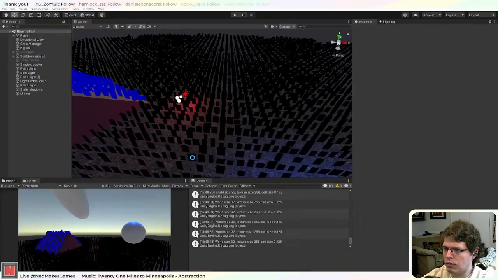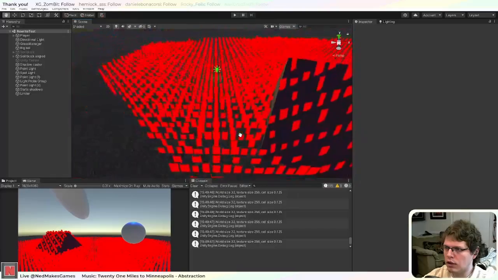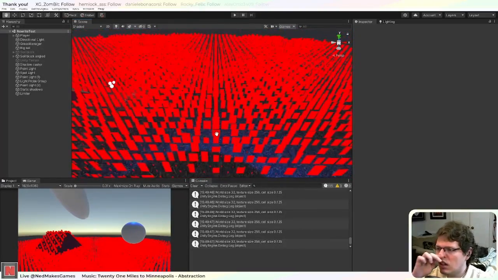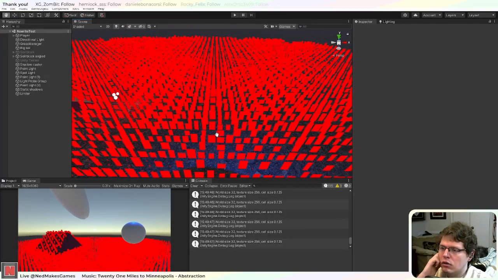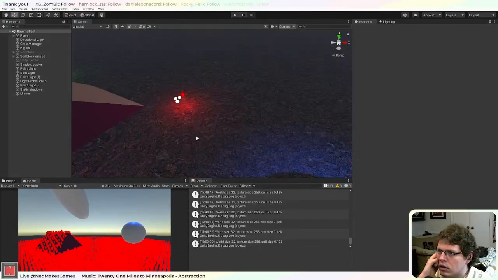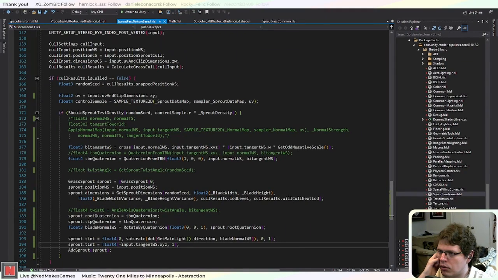Let me put it negative. Okay, so it's pointing in the negative x direction. I mean, that shouldn't matter. But so how come when I put that in here, it just makes it disappear?